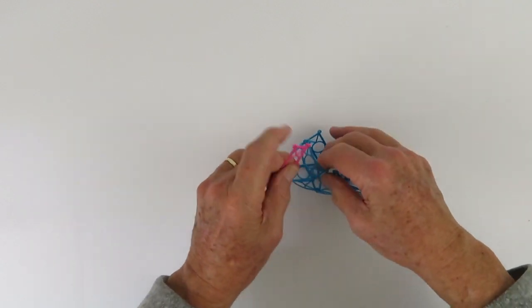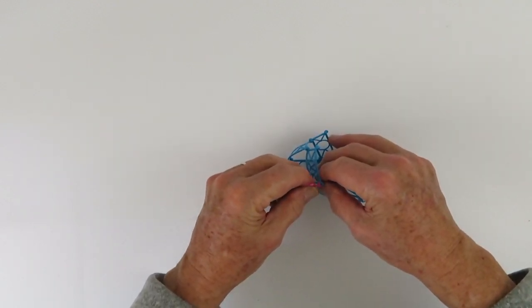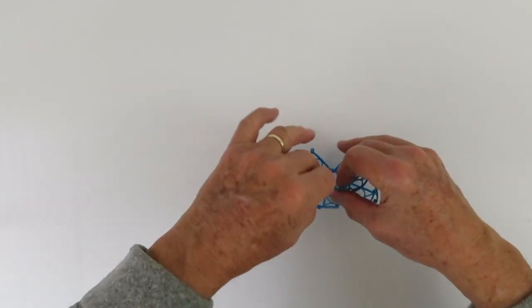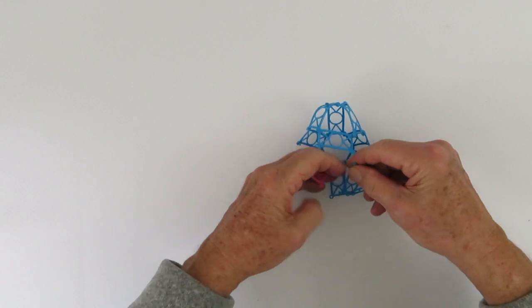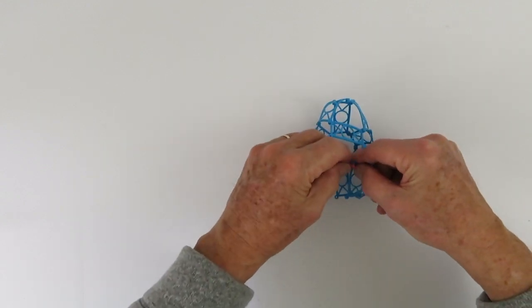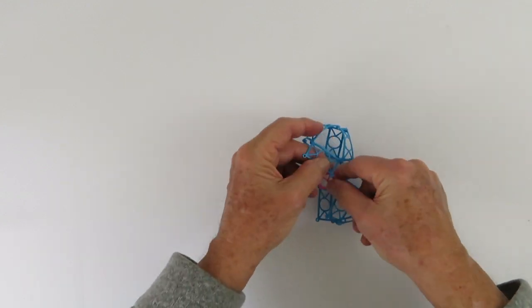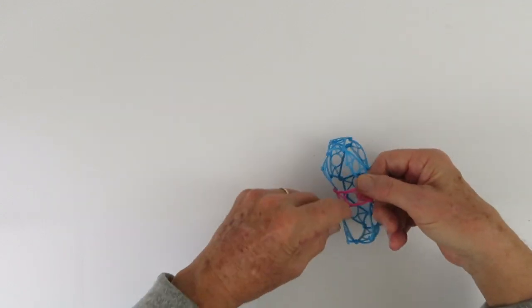And so what you see is that these 5-edge nodes have been transformed into 6-edge nodes.